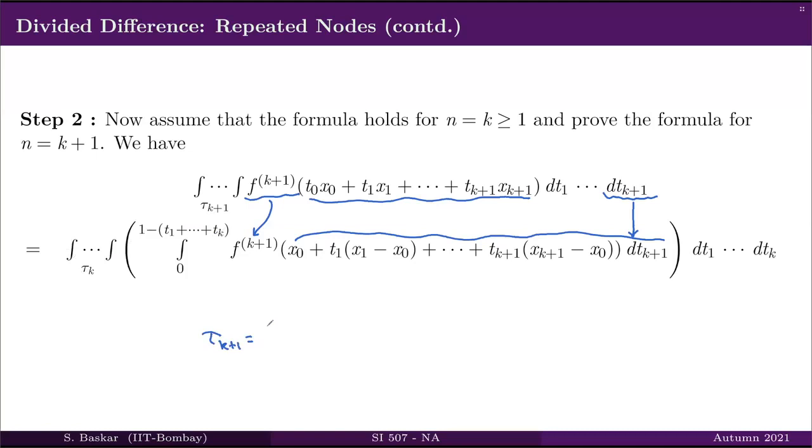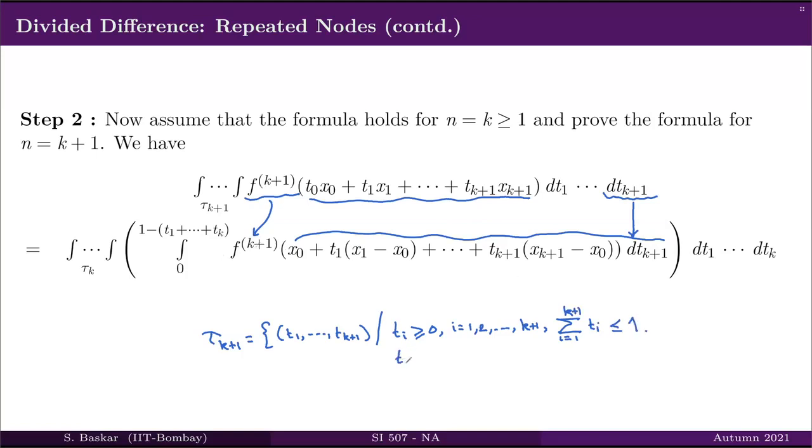If you recall, it is the set of all t1 to tk plus 1 such that all ti's are greater than or equal to 0, i equal to 1, 2 up to k plus 1, and not only that, the sum of ti for i equal to 1 to k plus 1 is less than or equal to 1, right?